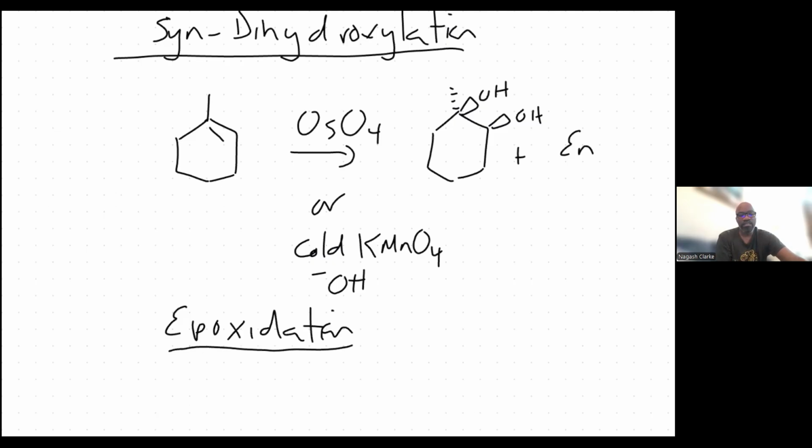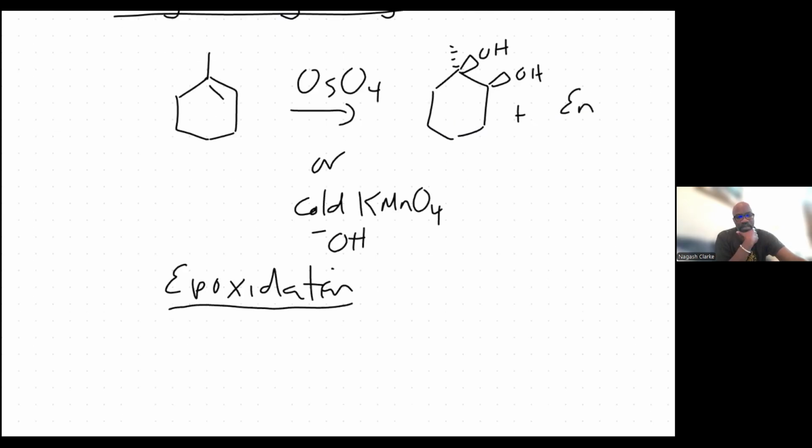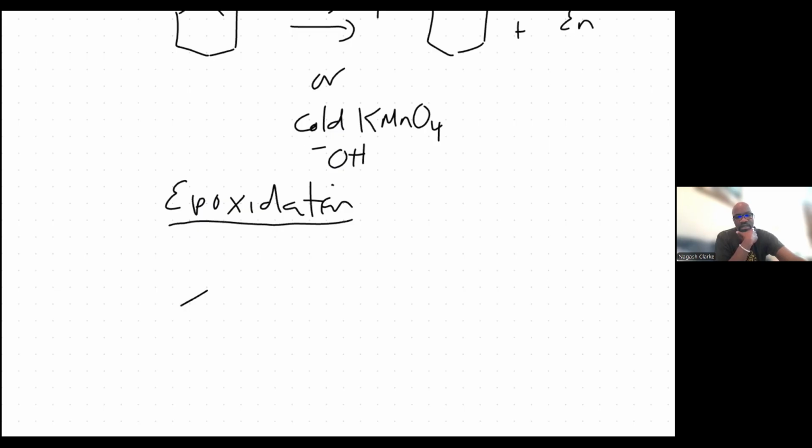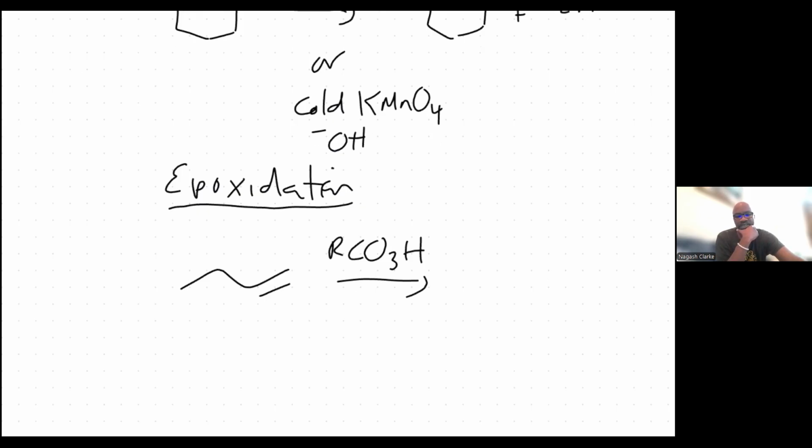So epoxidation, I form something really cool. I use a peroxy acid and I get an epoxide. And I can form an enantiomer here too, because the epoxide can add below or above the plane of the molecule.